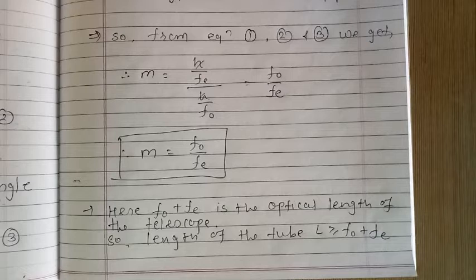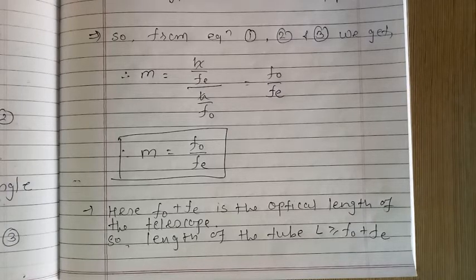These depend on the area of the objective. You have to remember this point, right? The light gathering power and resolving power depend on the area of the objective.